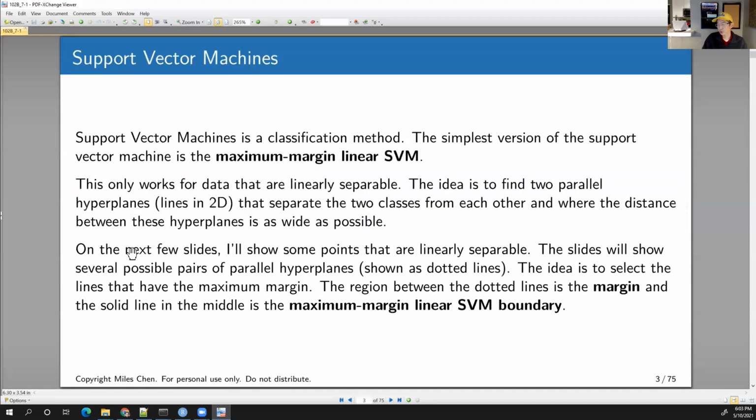Okay, so support vector machines is a classification method, and we're going to start by looking at the simplest version of the support vector machine, which is called the maximum margin linear SVM. We'll introduce the linear SVM, and it only works when the data is linearly separable.